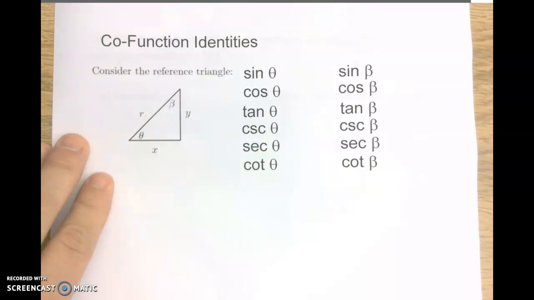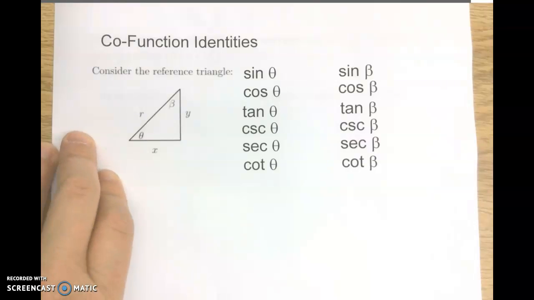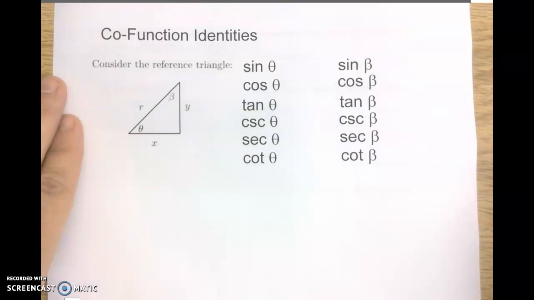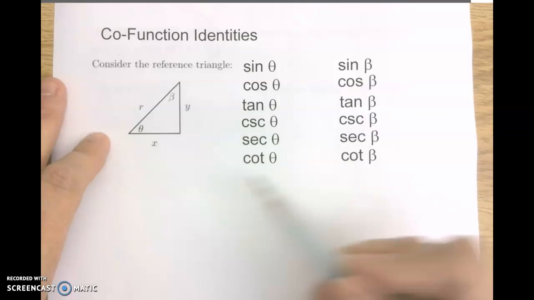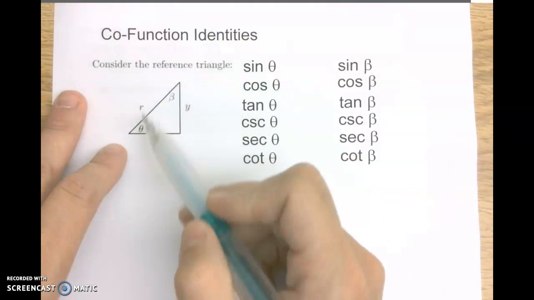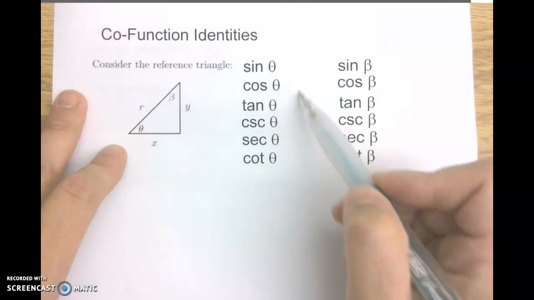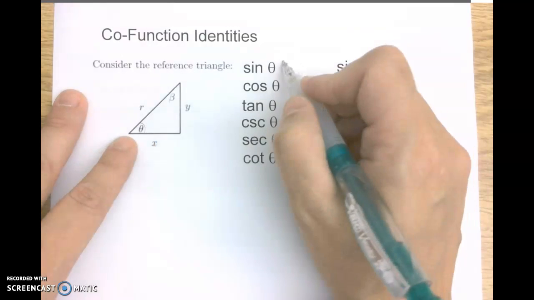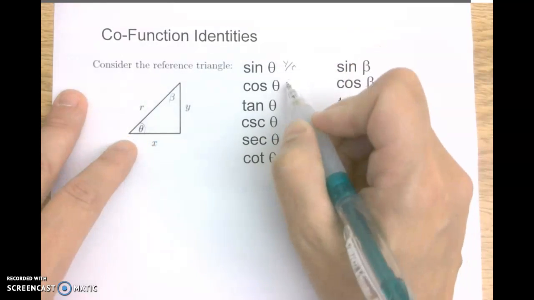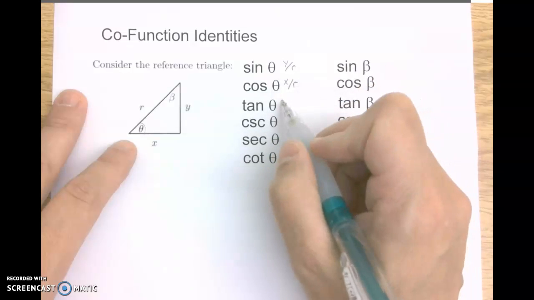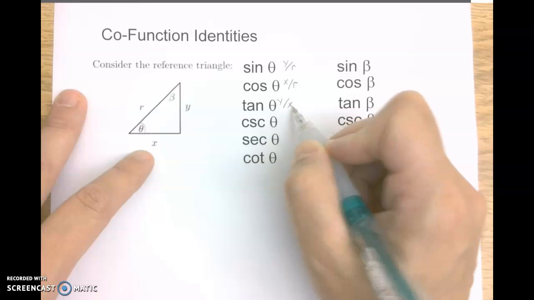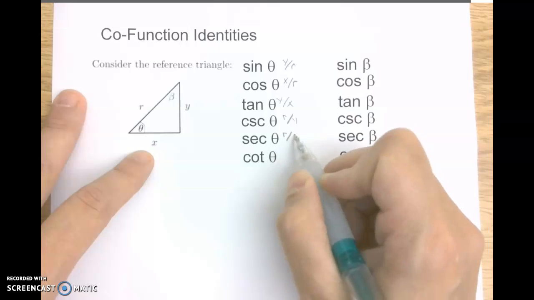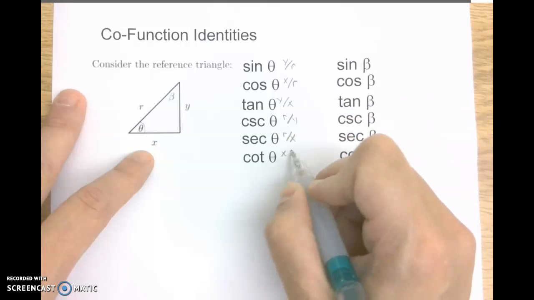Okay, the other thing to talk about today are the cofunctions. These identities, you won't really fully understand them until we start graphing. But just to give you an idea of why and how, we're going to take this triangle right here and fill in all of these ratios. Standing at theta, the sine would be y over r, cosine would be x over r, tangent would be y over x, cosecant is r over y, secant is r over x, cotangent is x over y.